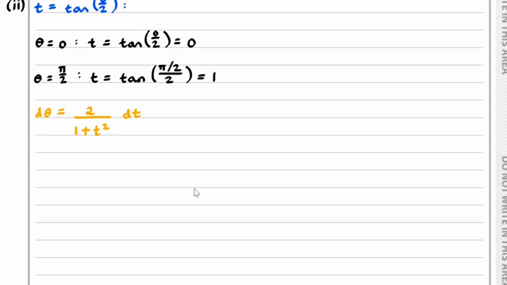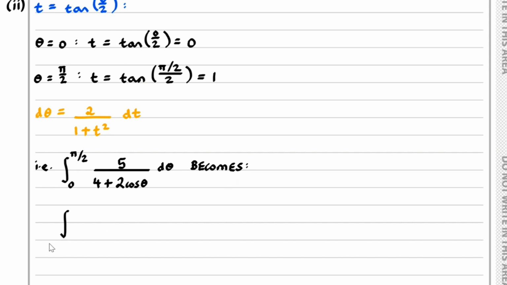And so what we can say then is the integral from 0 to pi over 2 of 5 over 4 plus 2 cos theta d theta becomes, well, we've got the integral of 5 divided by 4 plus 2 cos theta.